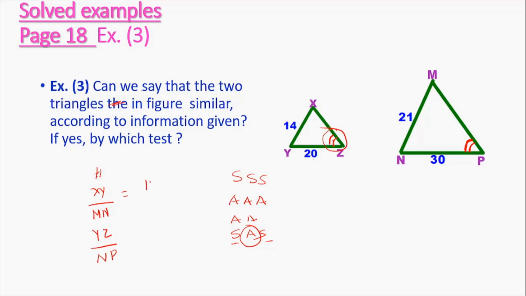XY is 14, MN is 21. 7 twos are 14, 7 threes are 21. YZ is 20, NP is 30. Now remember, the sides are in proportion, but the angle is not included in between. These two sides are in proportion, these two sides are in proportion, but this angle is not between them. Therefore these two figures are not similar.